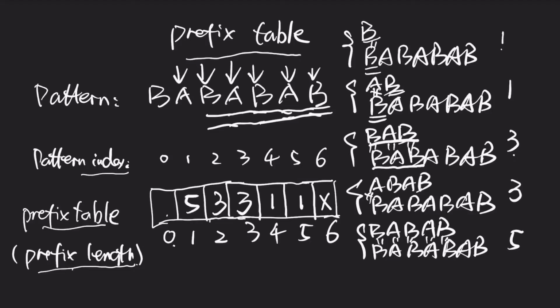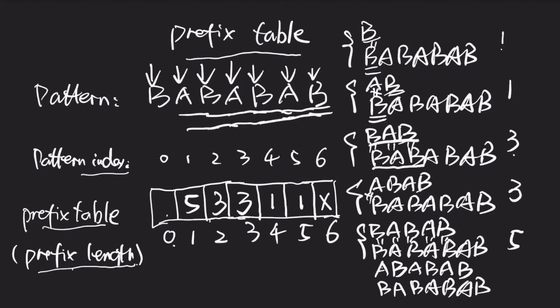And if the mismatch is at index 0, the suffix is A, B, A, B, A, B, and the original one is B, A, B, A, B. A is not equal to B, so we use the last time's value, 5. Okay, that is the prefix table.